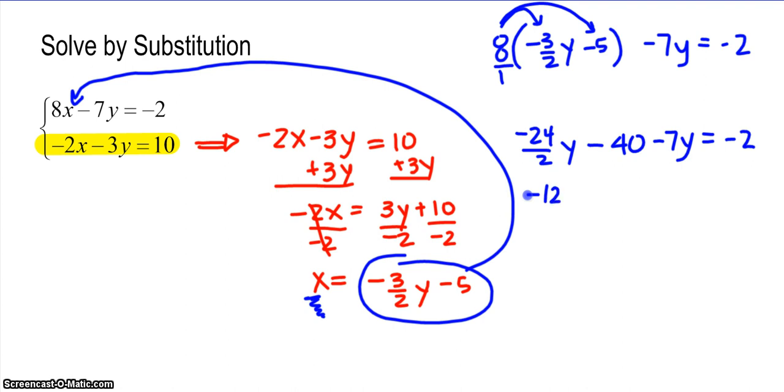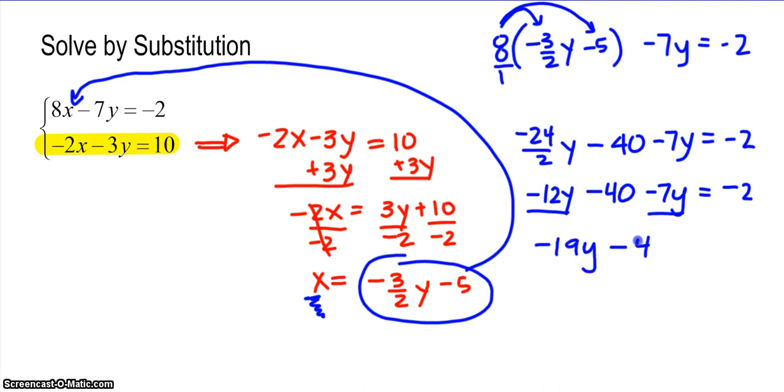This is the same as negative 12y minus 40 minus 7y equals negative 2. Negative 12y and negative 7y are negative 19y minus 40 equals negative 2.